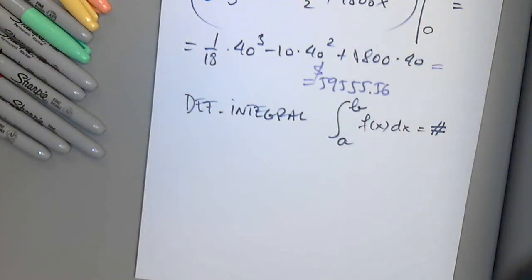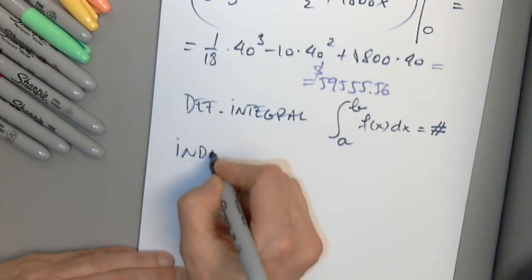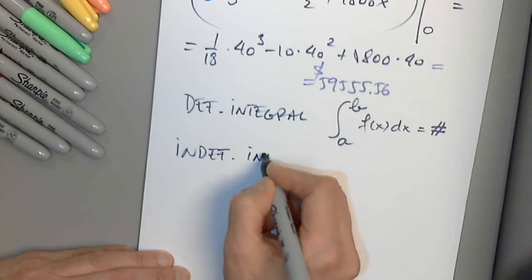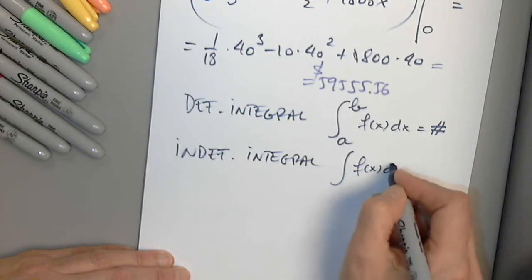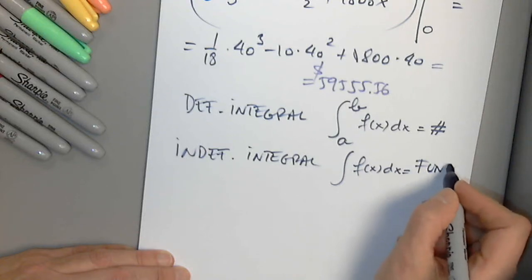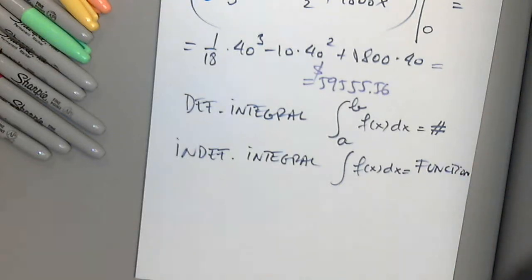The indefinite integral is the integral of f of x dx, which is a function. When we do not have limits of integration, the answer is a function. So what's the difference between these two? Many differences. This is an area under the graph between such and such, and this is a function.